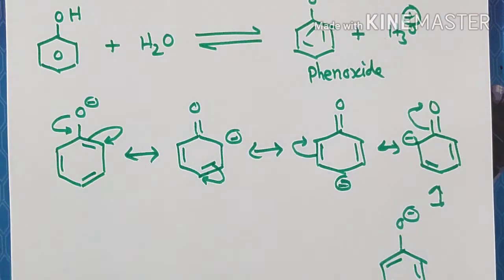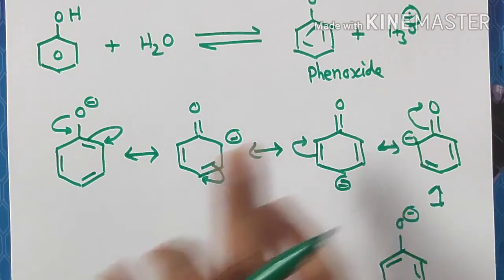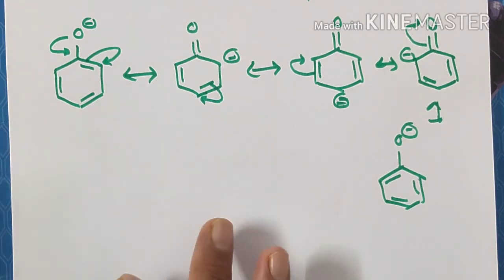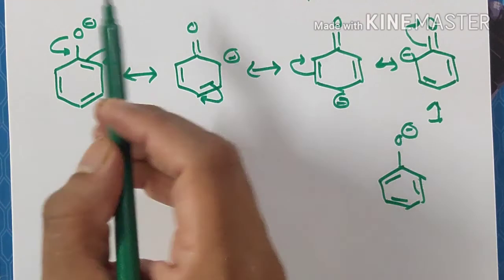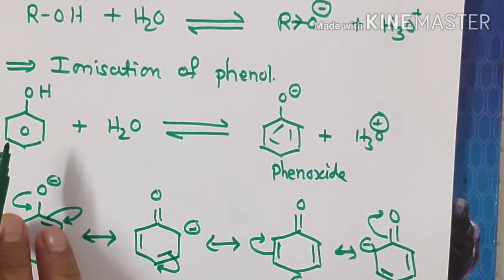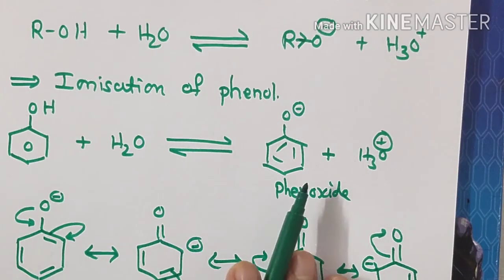So because of these resonating structures, phenoxide becomes stable. This phenoxide becomes stable. Understood? Simple, student? Clear? So this is the reaction where the ionization of phenol and alcohol takes place. Only the thing is that this is the acid, and the conjugate base is phenoxide. This is acidic, this is basic.